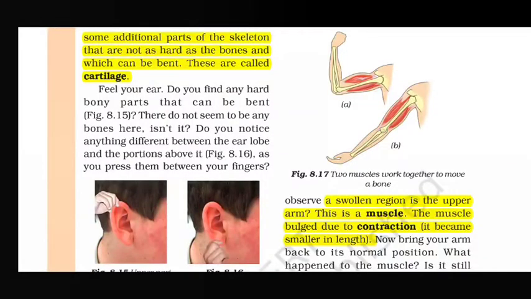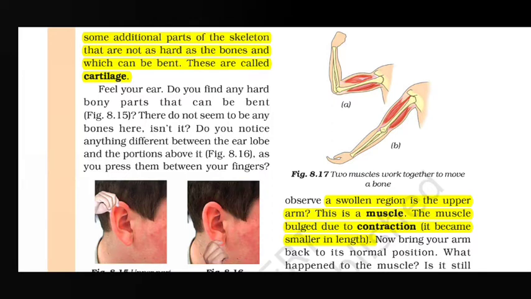Okay, now the last two topics of today's part are cartilage and muscles. So let's first see what is cartilage. Some additional parts of the skeleton that are not as hard as bones and which can be bent are known as cartilage.